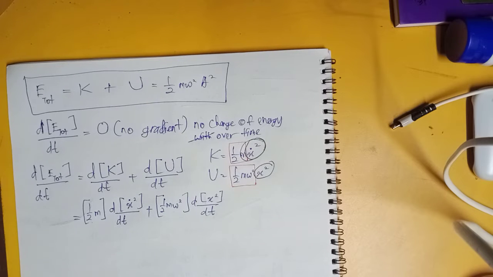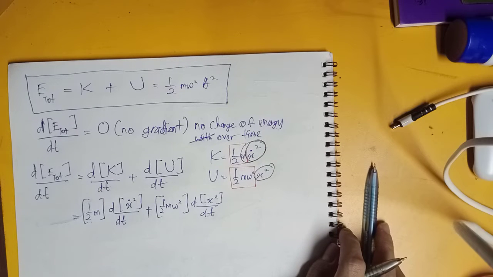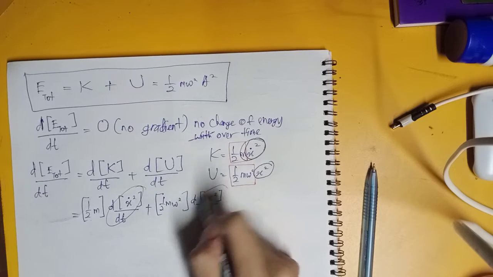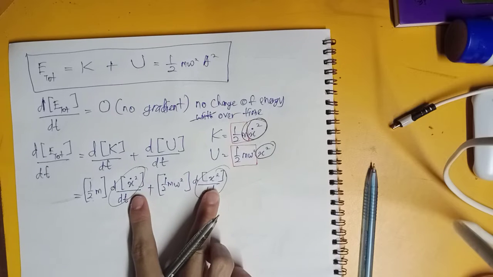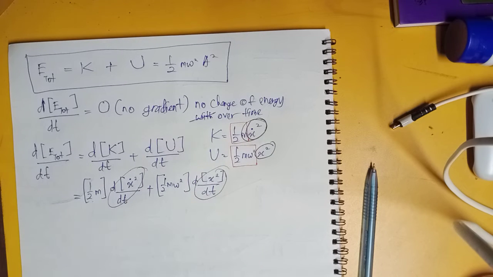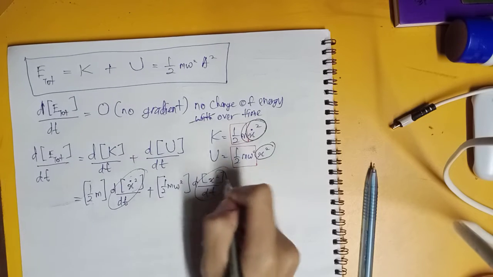Okay, now let's do what we call the chain rule. So from these two equations, since we want to differentiate with respect to time, there is no variable of time inside this equation.